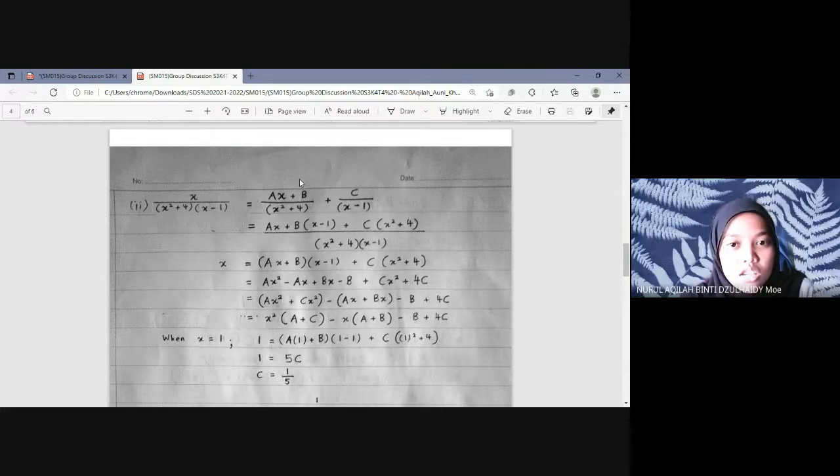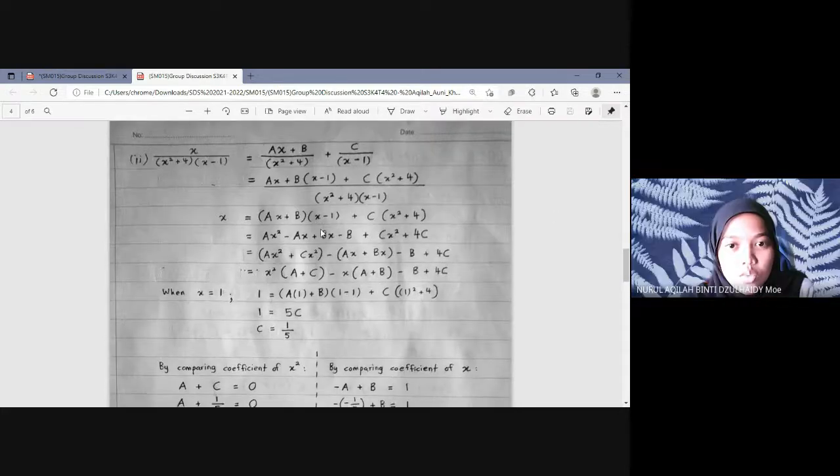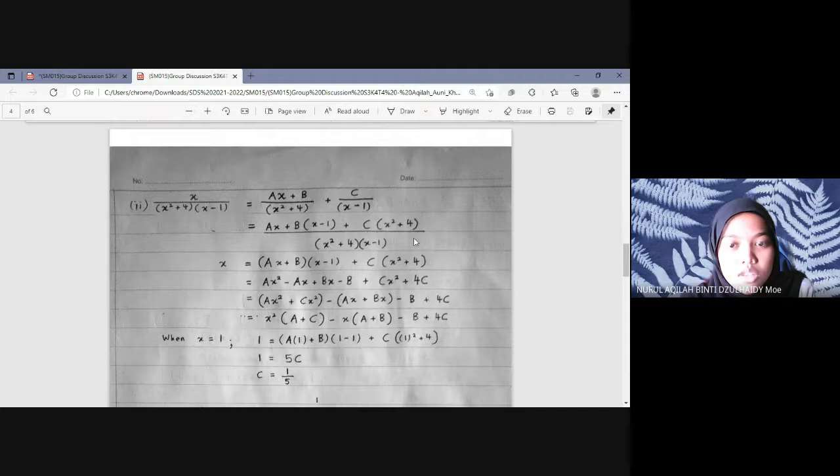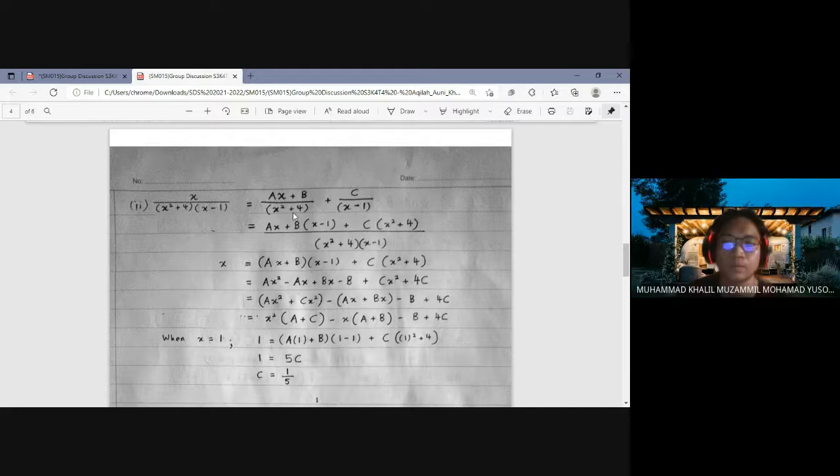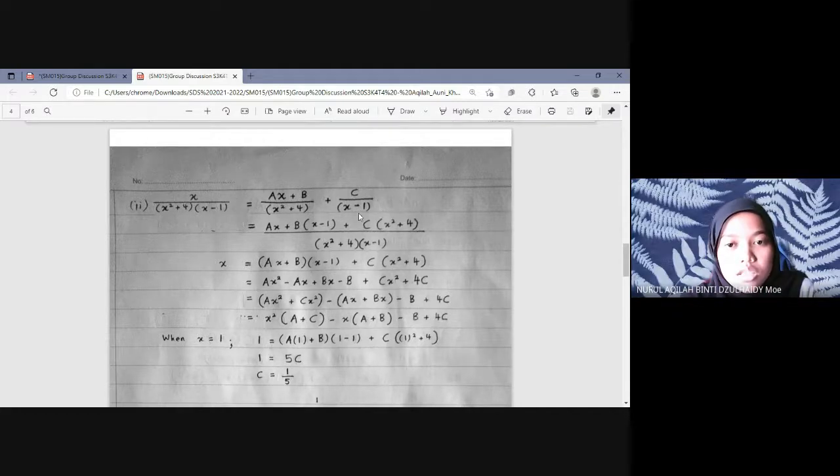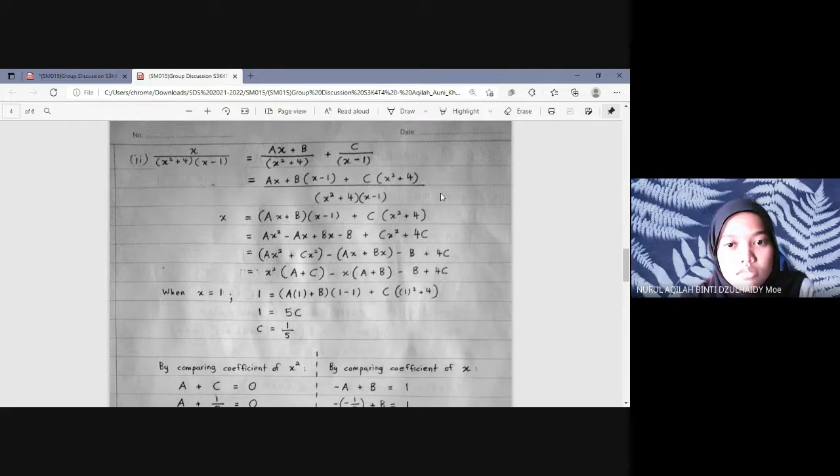So we write the expression into a quadratic expression, and then we multiply both sides with x squared plus 4 and x minus 1 to create the same denominator. So when they have the same denominator, we compare it. x equals ax plus b times x minus 1 plus c times x squared plus 4.